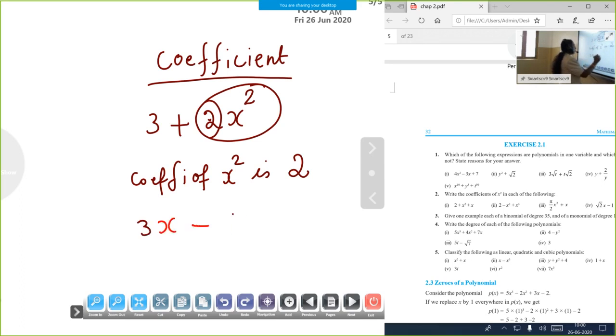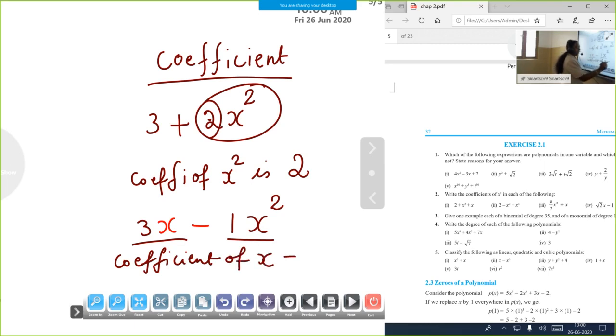One more example, I will write it. 3x minus 1x square. What is the coefficient of x? Two terms are here, first term and this is second term. Coefficient of x equals, what is the coefficient of x here? The number together with that variable is 3, positive 3. Take that sign also. The next one, what is the coefficient of x square? You take this sign and number.